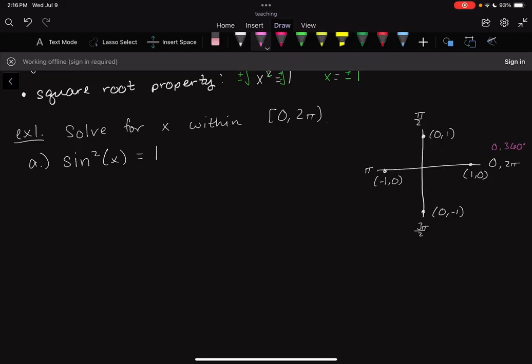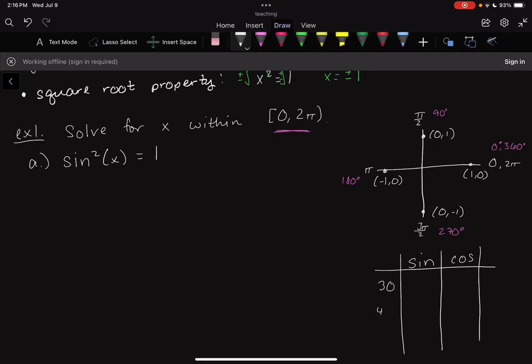I wrote it in radians at first because this 0 to 2 pi means I'm probably going to want to leave my answer in radians as well. But I've also mentioned that that's not something I'm super picky about. So 30, 45, 60. In radians, that is pi over 6, pi over 4, pi over 3, in case we need to see those again. So 1 over 2, root 2 over 2, root 3 over 2, and then cosine is the opposite.